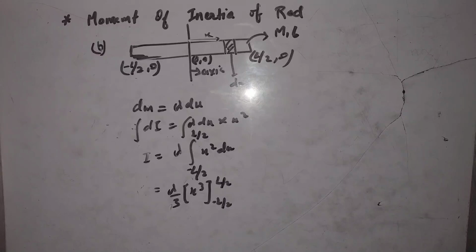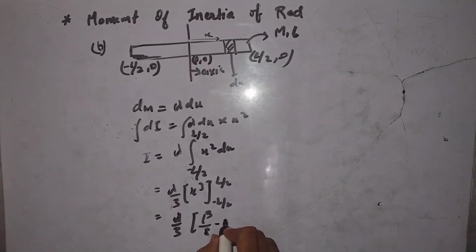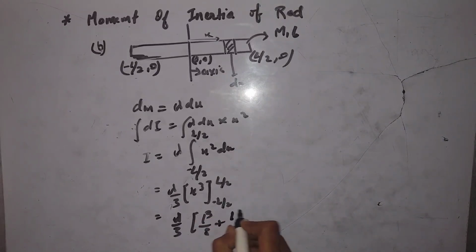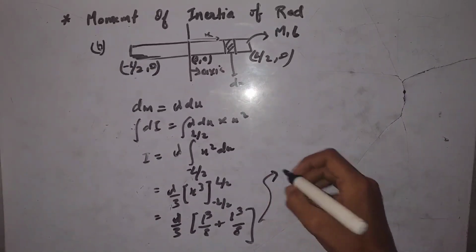Okay, you can take lambda by 3 here, and we can put L cube upon 8 minus, and this minus minus will become plus, and this will become L cube again by 8. So this becomes 2L cube by 8, that is L cube by 4.